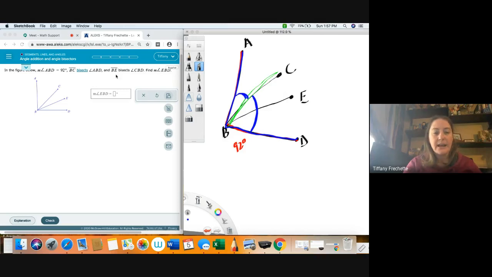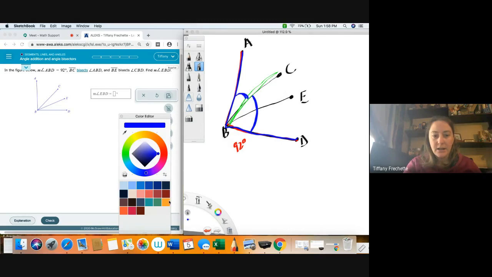All right, and we also know that BE, so this line here, which, let's see, I'm running out of colors a little bit here. So we'll go back to kind of a purple.